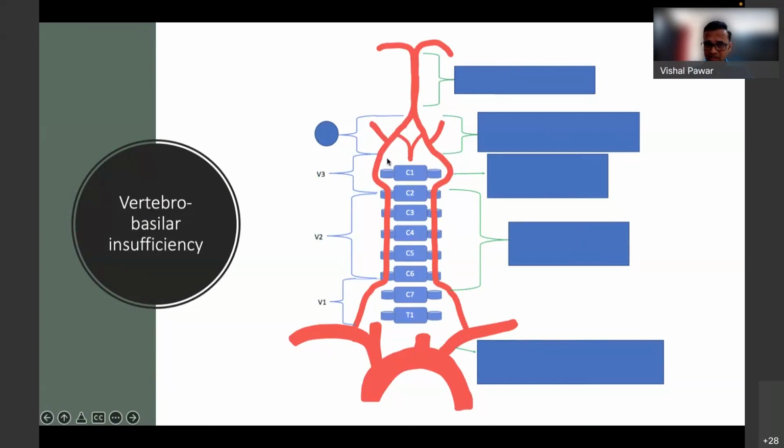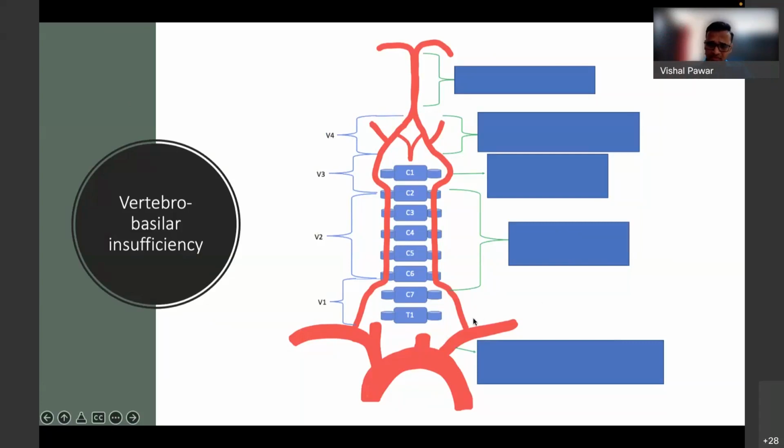The V4 segment is after piercing the dura mater, when it reaches and joins the other vertebral artery. That is where the vertebral artery ends and forms the basilar artery, when the two vertebral arteries join together to form the basilar artery. So these are the four segments of the vertebral artery.